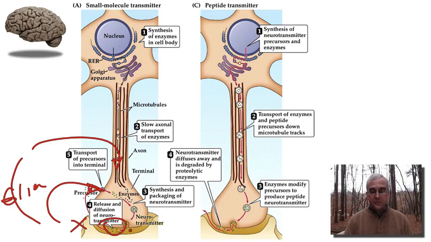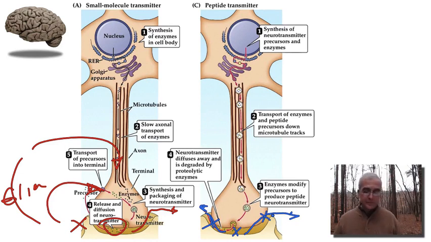Of course, the transmitter can simply diffuse away as well. For a peptide neurotransmitter, these substances likewise are free to diffuse away, but there are also proteases found here in the synaptic cleft that can cleave these peptide neurotransmitters and degrade them right at their region of release in and around the synaptic cleft.